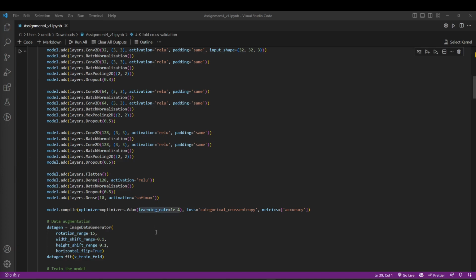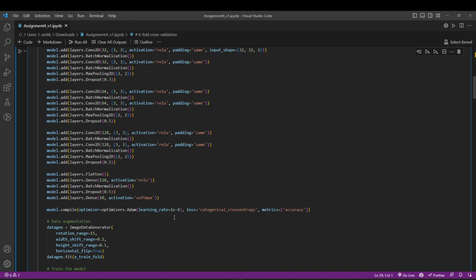The learning rate is a hyperparameter, and it controls how much the model's weights are updated during the training. A smaller learning rate means slower but potentially more precise results, while a larger rate leads to faster results but may overshoot the optimal solution.